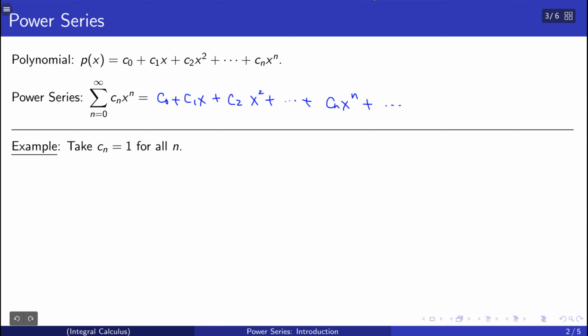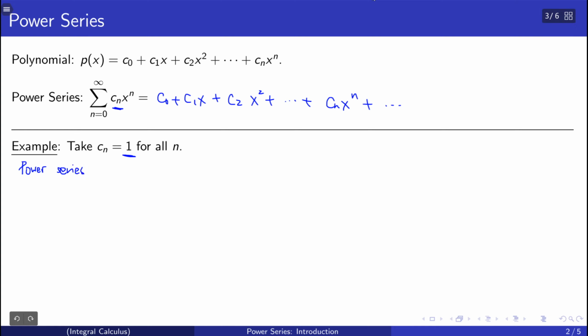Okay, so if we construct a power series where we say the coefficient of x to the nth power, c sub n, let's set that to be just 1, regardless of what n is equal to. What does the power series look like here?